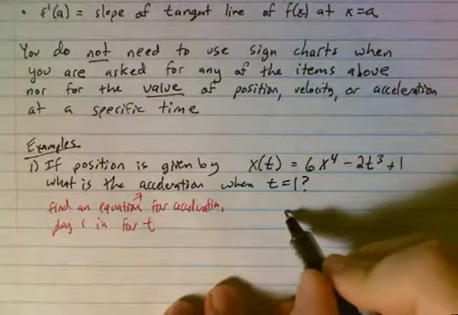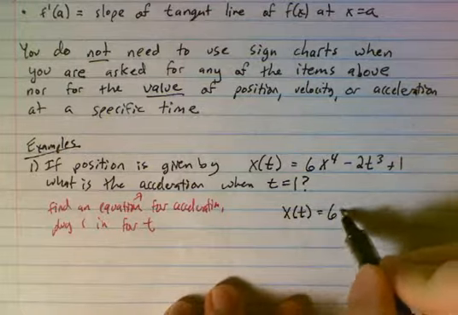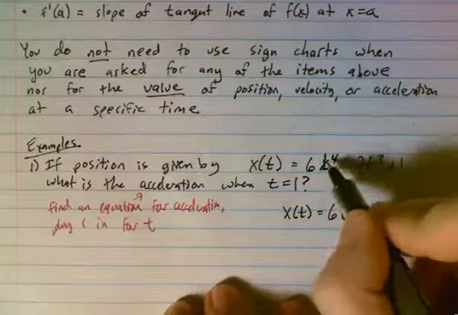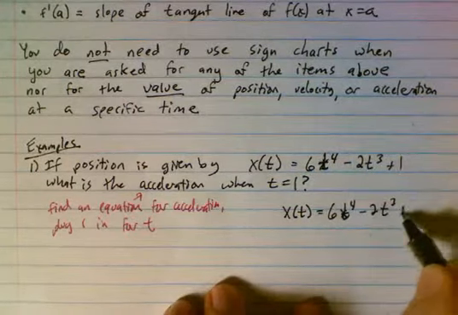So we know that x of t, position, is 6t to the fourth minus 2t cubed plus 1.